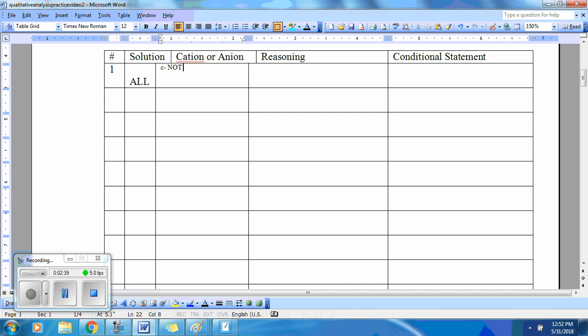It is not iron or copper. My reasoning is they have a color, and there is no conditional statement there, because I'm not basing anything off of it.